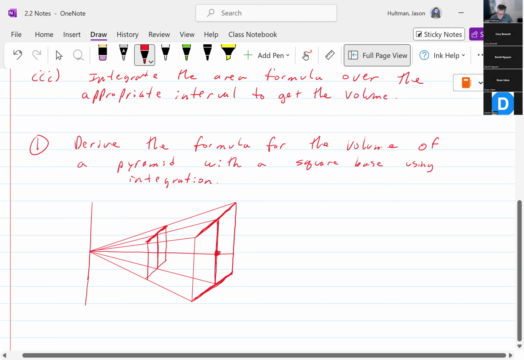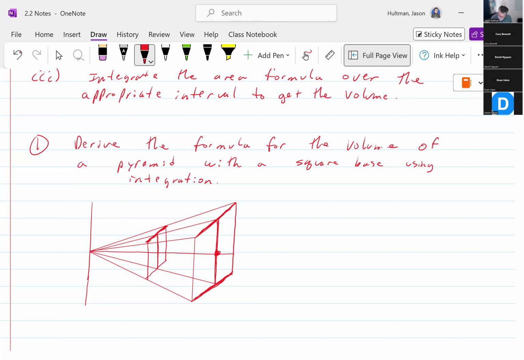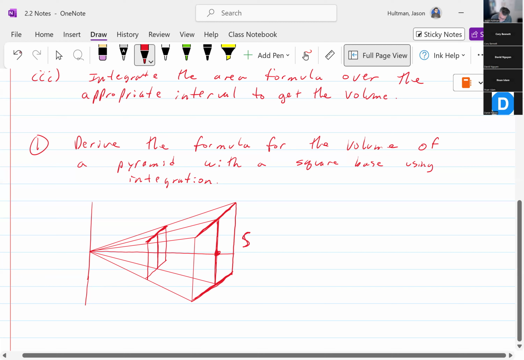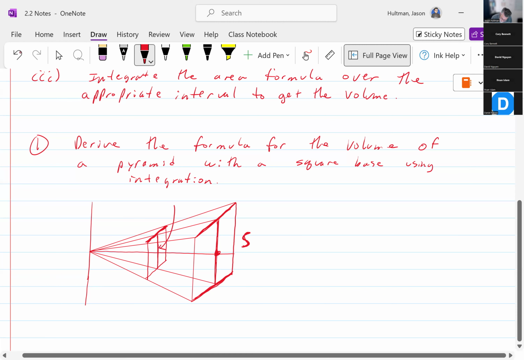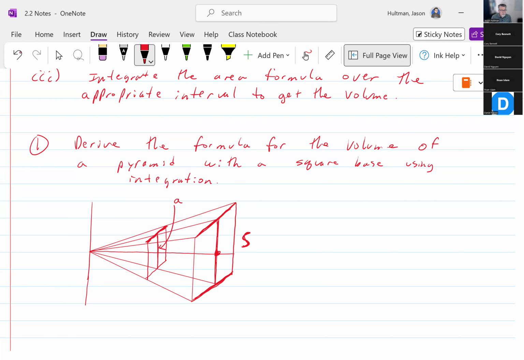Okay. So if this has side S, which is the side length of the base of the pyramid, we're going to call this guy here A. A is going to represent the length of one of my slices. I'm going to slice this thing up and create squares.